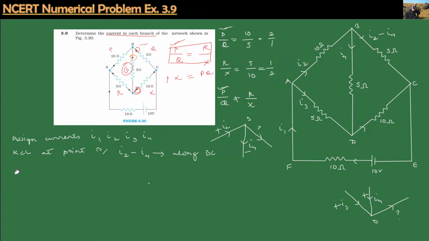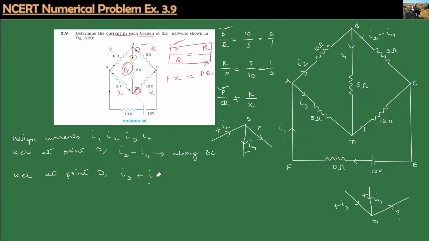So again applying Kirchhoff's current law at that junction D, applying KCL at point D, the current will be I3 plus I4.